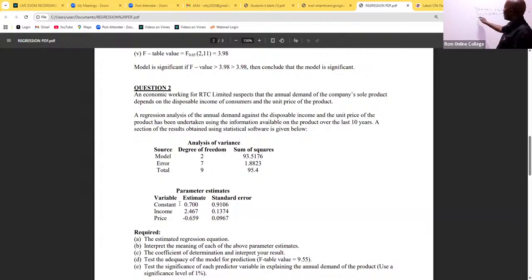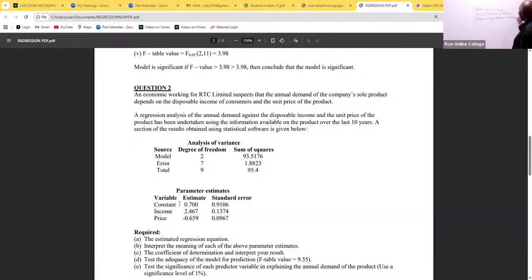If you wish, you can write it with the variables: x1 is income, and x2 is price.